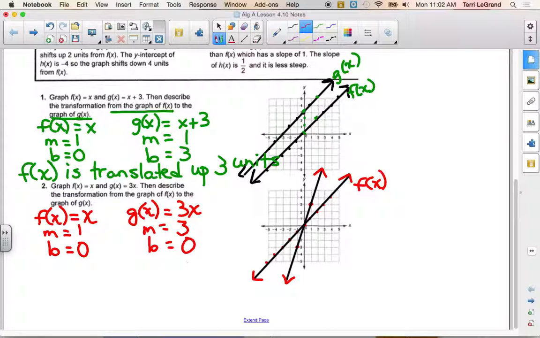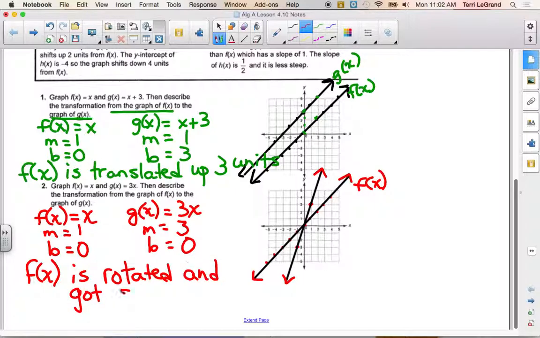What transformation happened? It got steeper, it's a rotation, yeah, so we're going to say that f of x is rotated. We forgot to talk about what kind of transformation that was up above.